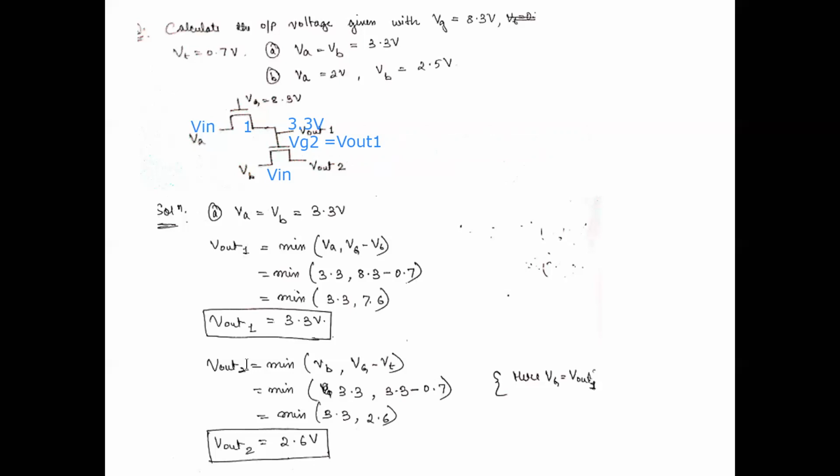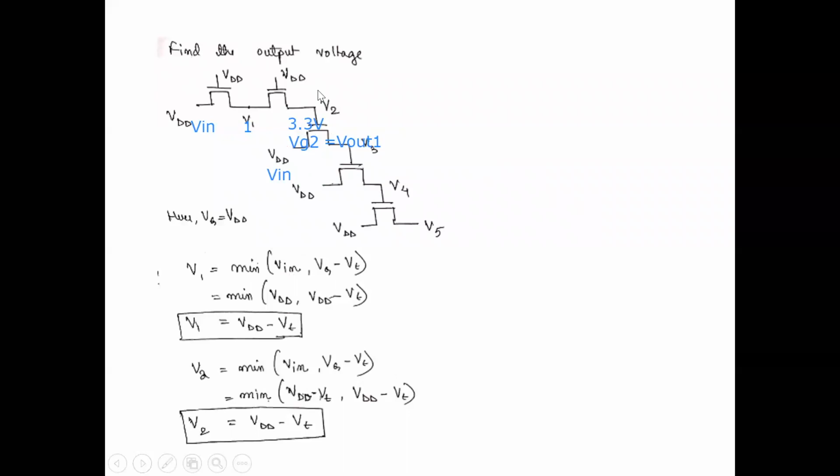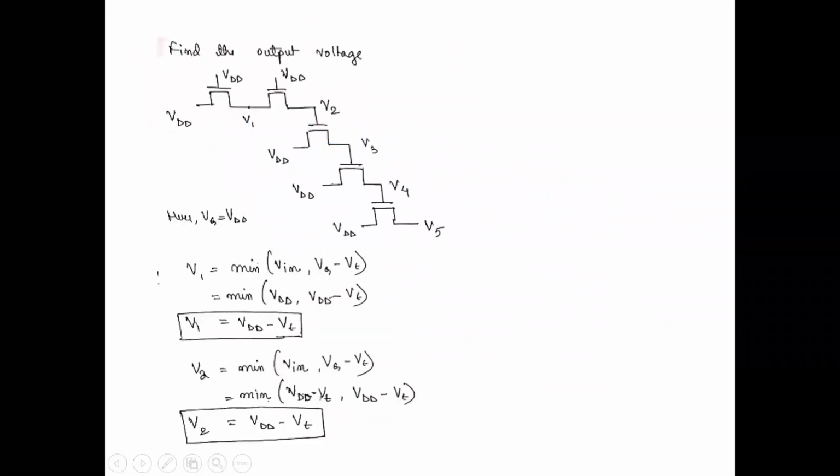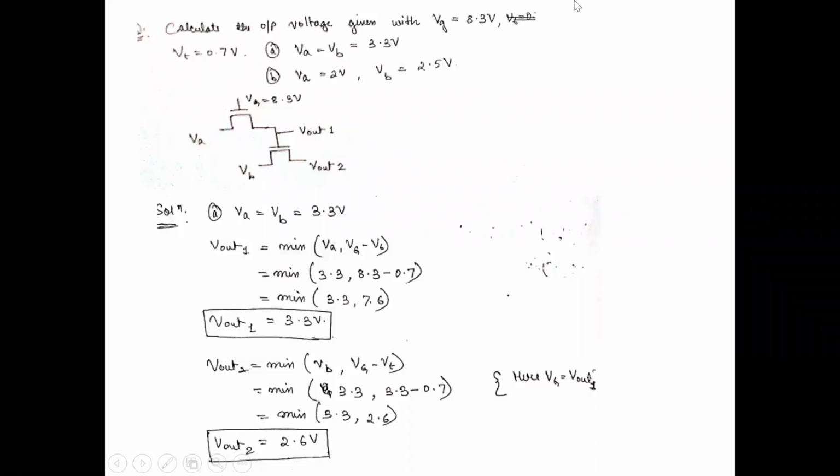Similarly for the second case, please try to do this problem when VA is 2 and VB is 2.5. What will be this value when we are doing it like that? Shall we try doing it here?